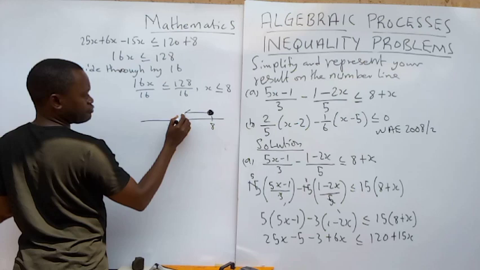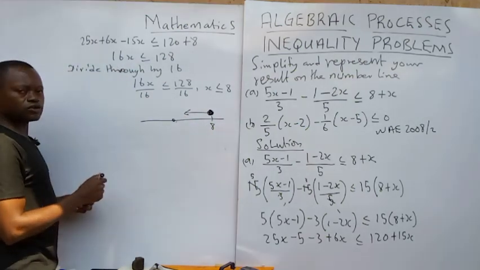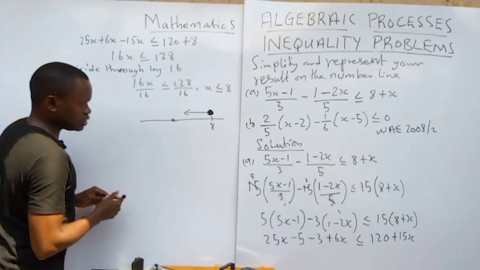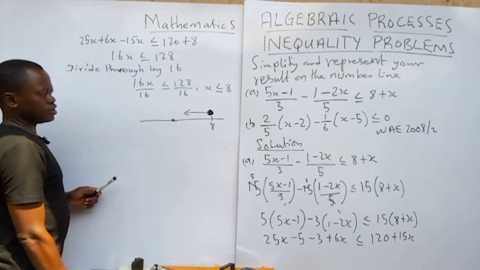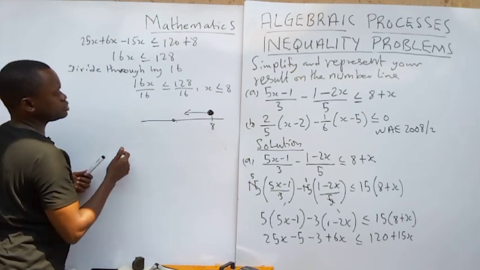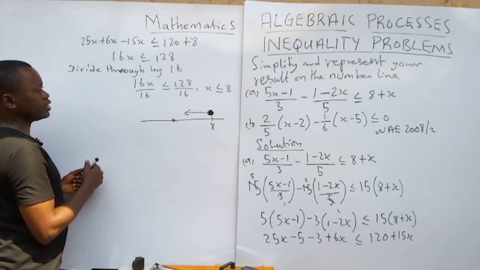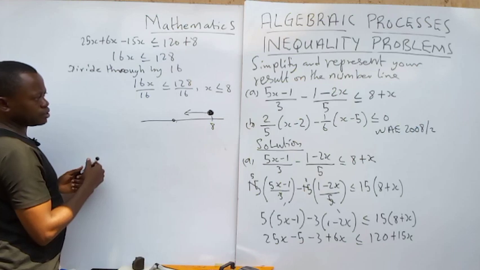The meaning I have explained earlier is that this 8 is inclusive in the solution set of this x. So this is how we can put it on the number line. I'm sure this explanation is well taken.